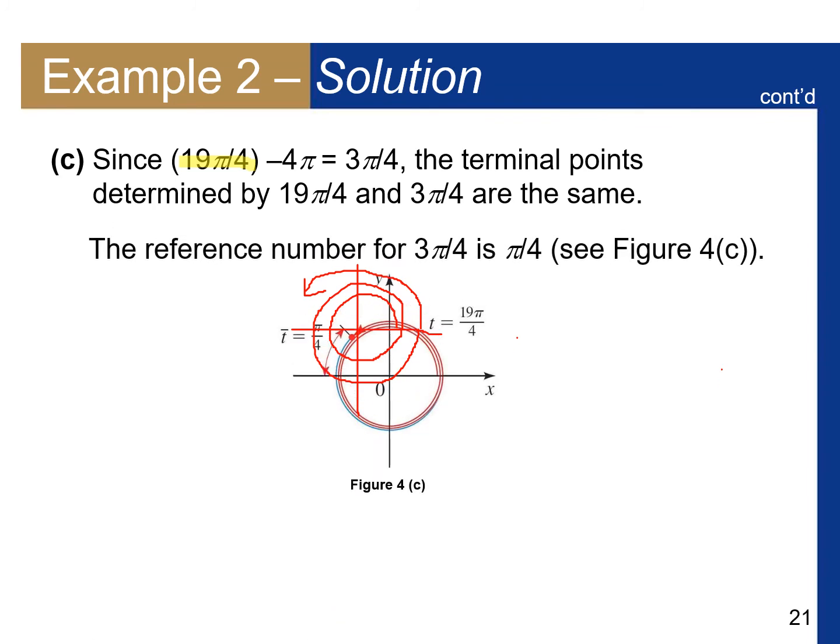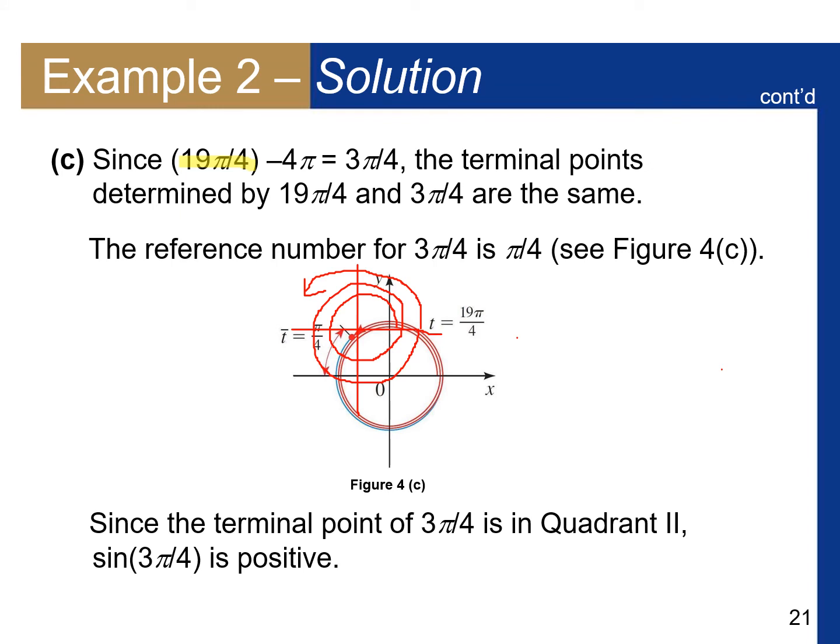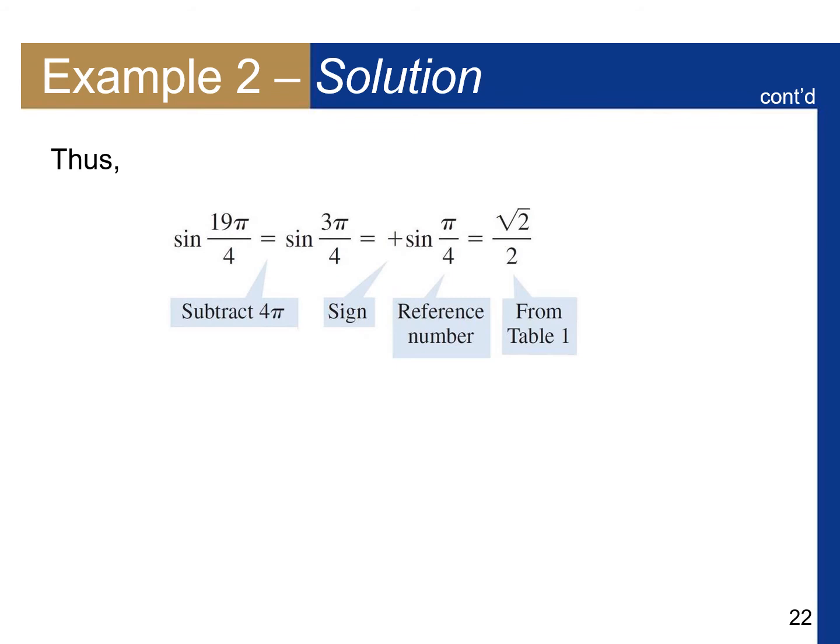I kind of drew over that, but it says the same thing. So my terminal point of 3 pi over 4 is in quadrant 2, and the sine value is then positive. So my value for pi over 4 would be the square root of 2 over 2, as indicated by my reference number when I'm going 3 pi over 4.